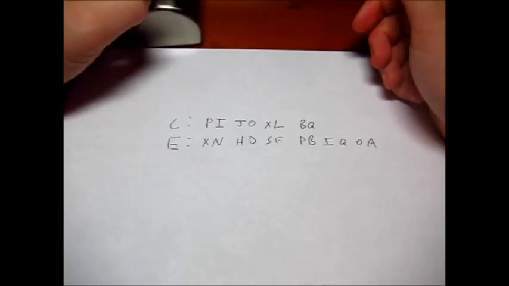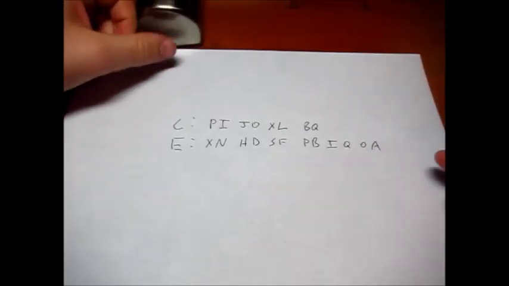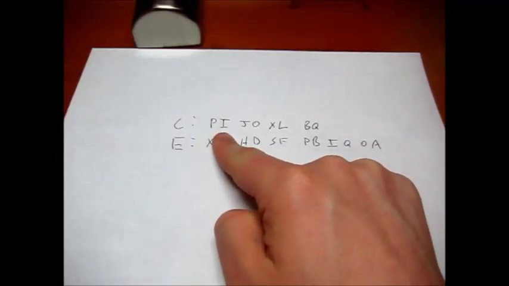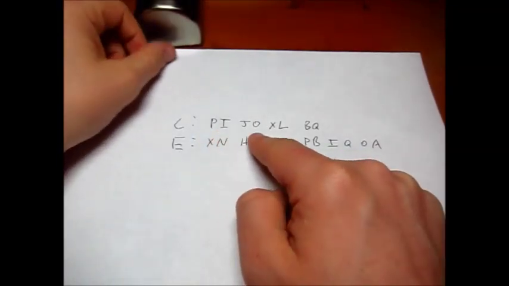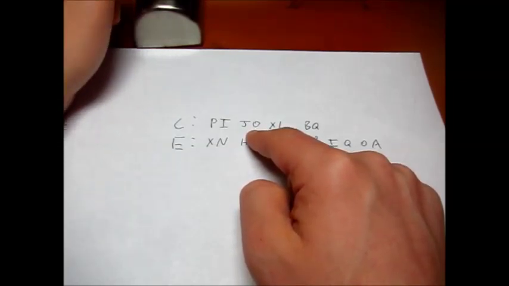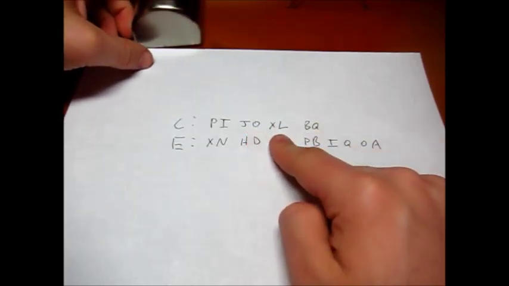So memorizing my corners first, I would go through and I would say PI. Okay, so I'm picturing a pie in my head, and then I would do JO, so I would imagine my friend Joe, and then I would XL.